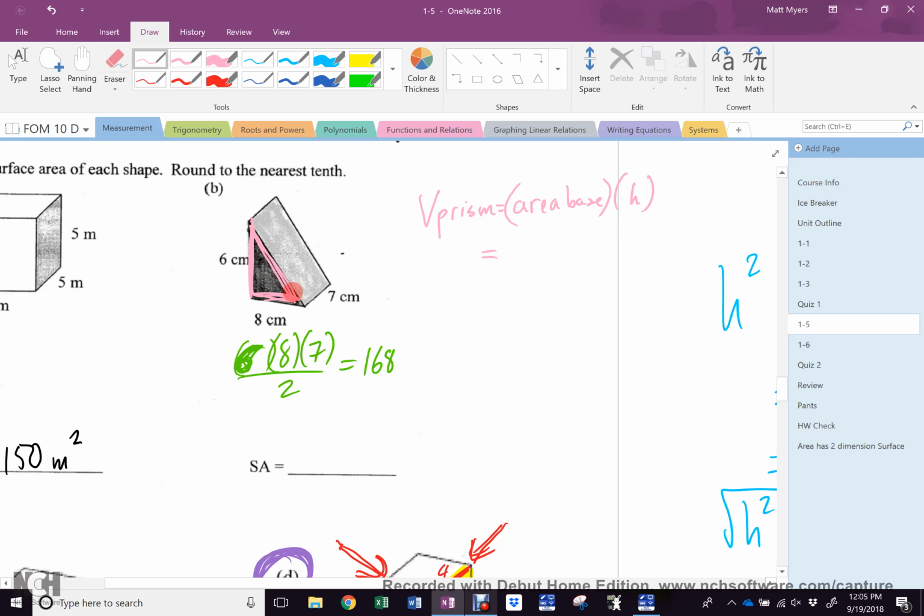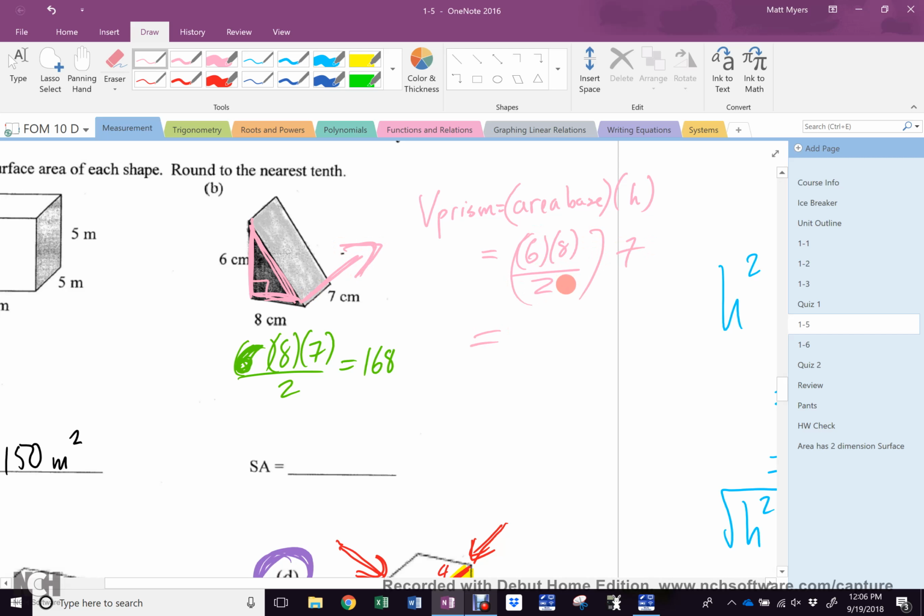So what's the base? This triangle, yes? 6 times 8. But since it's a triangle, what do we got to do? Divide by 2. And then what is the height? The direction that triangle repeats. Where does the triangle repeat? That way. How far? 7.